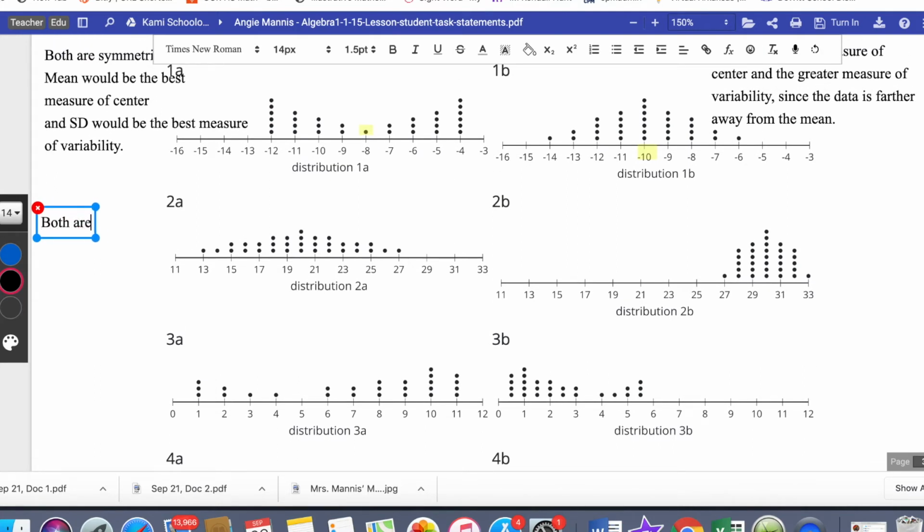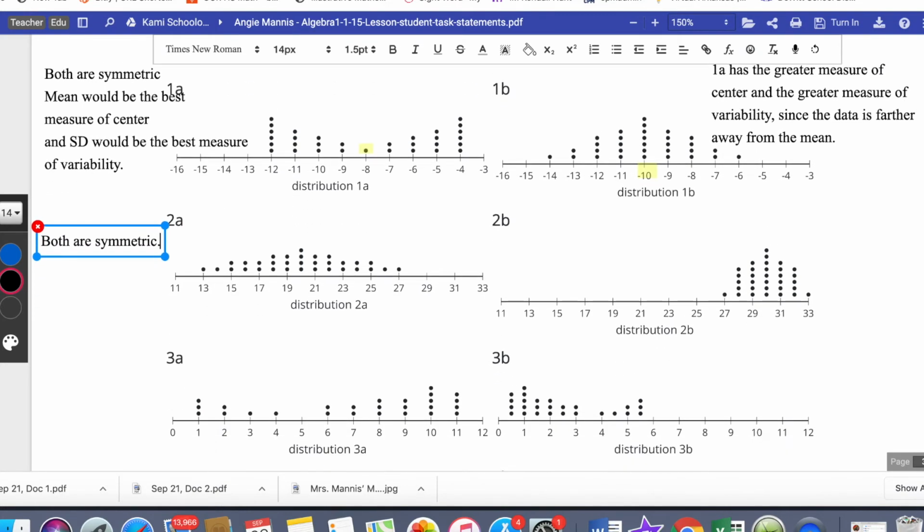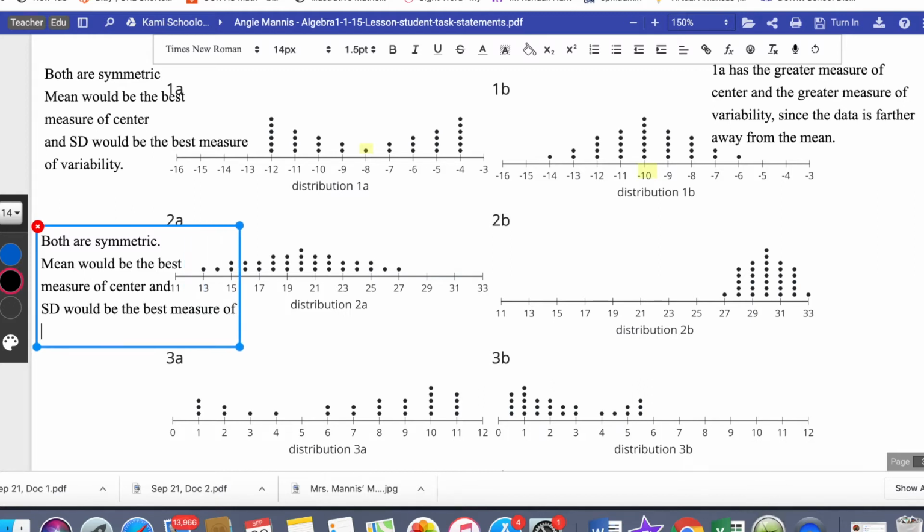Both are symmetric. Mean would be the best measure of center, and standard deviation would be the best measure of variability.